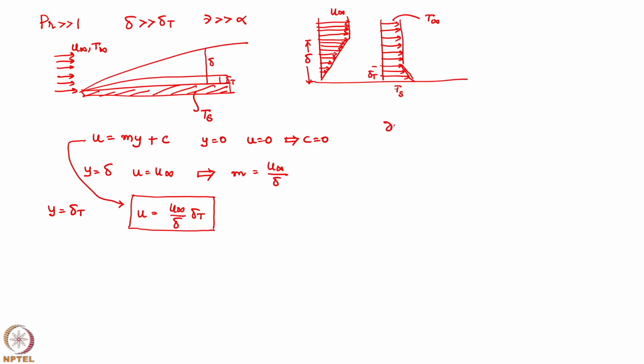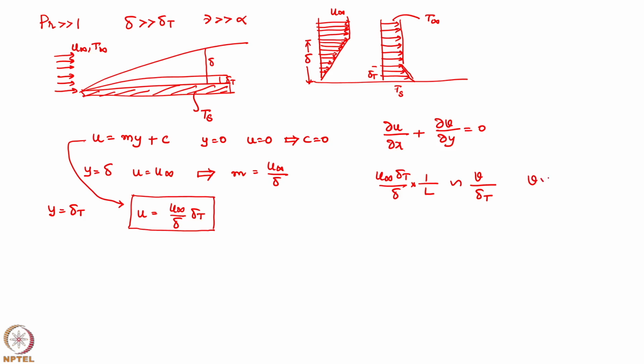Now, if you take the continuity equation, del u by del x plus del v by del y is equal to 0. The scale of u you just got is u infinity delta T by delta, and the scale of del x is L. So, v should be of the order of u divided by L times y, where y is of the order of delta T, because I am interested in the variation of the velocity within the thermal boundary layer, which is very small.